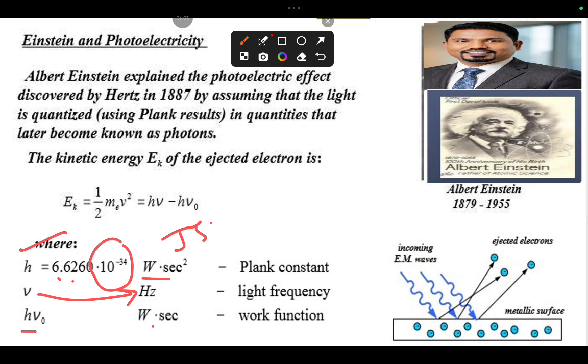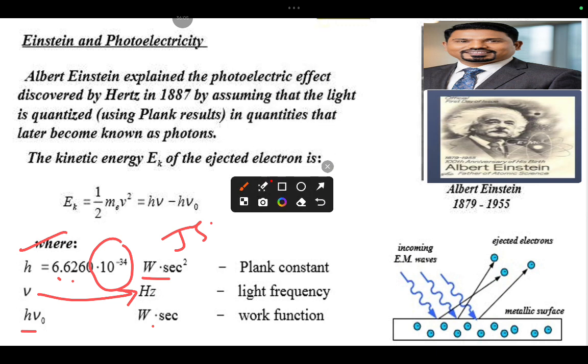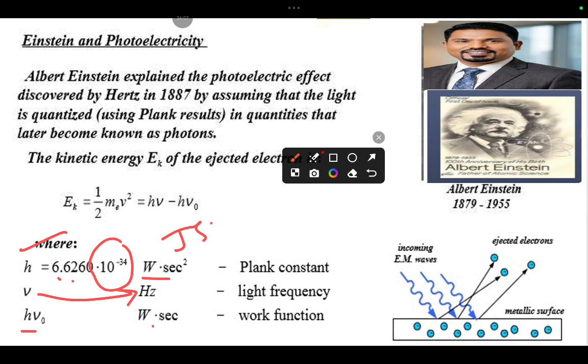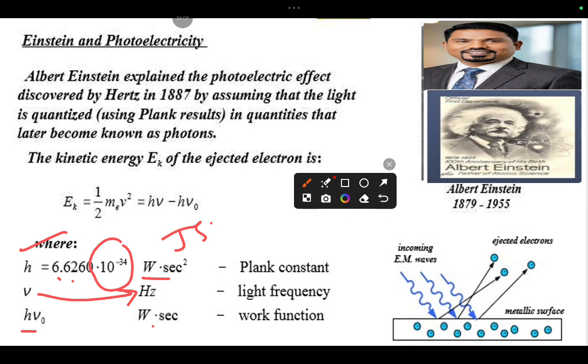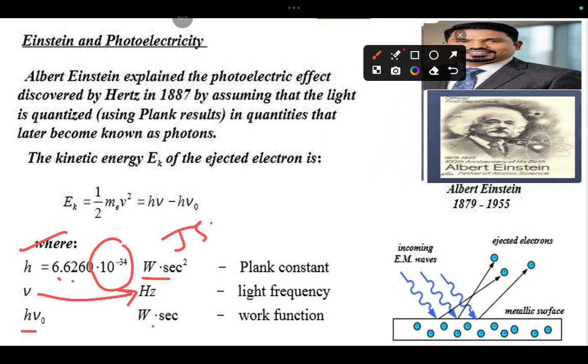Albert Einstein explained the photoelectric effect, discovered by Hertz in 1887, by assuming that light is quantized in quantities that later became known as photons. The kinetic energy of the ejected electron, 1 by 2 mv square, is equal to h nu minus h nu naught.